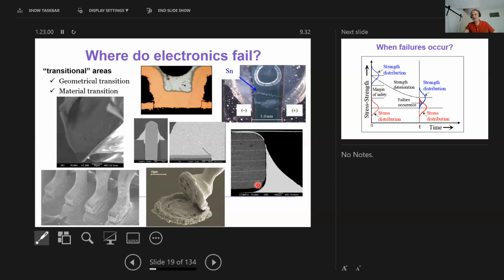This failure is between the ceramic material and the metallic contact metallization, so the failure has propagated here. So we can have zillions of examples of this kind of thing, that very rarely is the actual failure going through a bulk material. It's always some kind of a transitional interface somewhere where there's a change either in geometry or in materials.